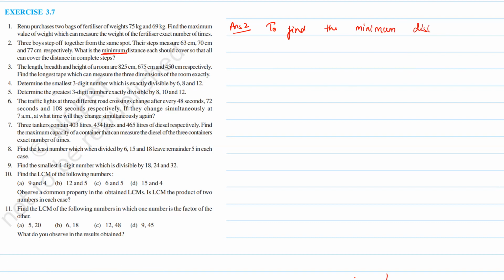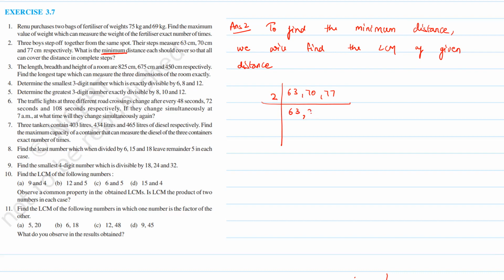So to find the minimum distance, we'll find the LCM of the given distances. LCM we can do by prime factorization, but let's do it by the ladder method only. So it is 63, 70 and 77. Divide by 2: 63 as it is, 35 and 77 as it is.